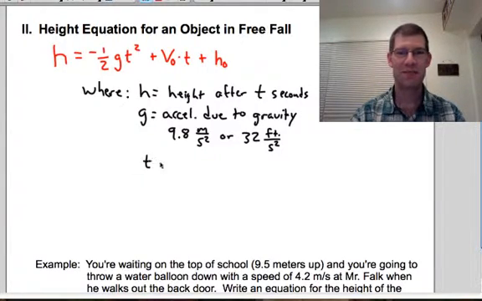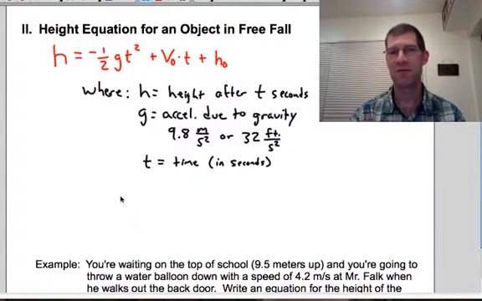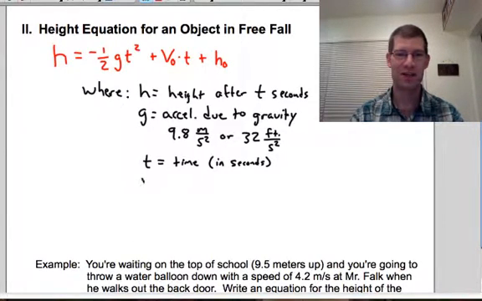T is going to be time, so T equals time, and I'll maybe put in seconds, because if our G values are meters per second squared or feet per second squared, you have to have time in seconds. V sub naught, or V with a little 0 in the subscript, is the initial velocity.